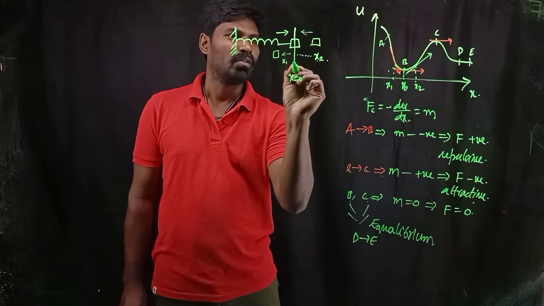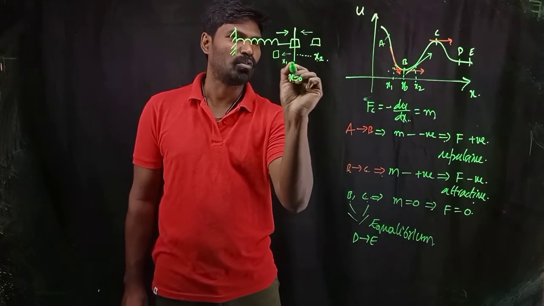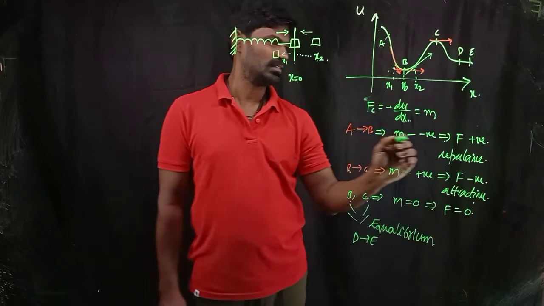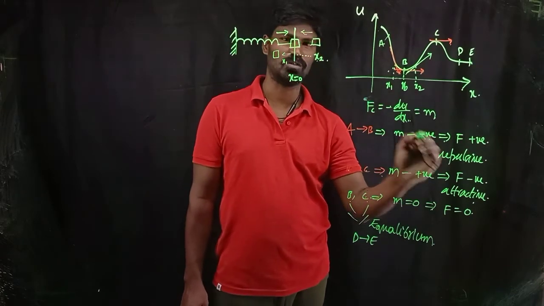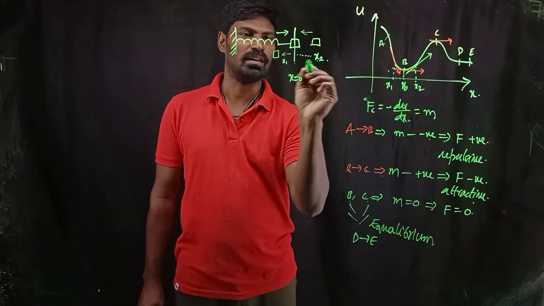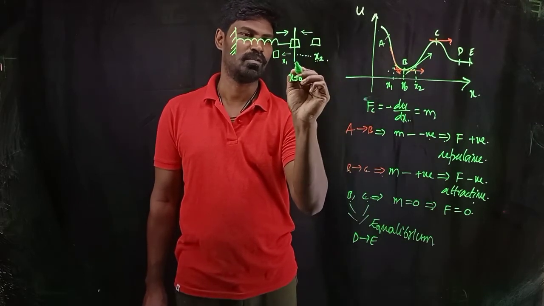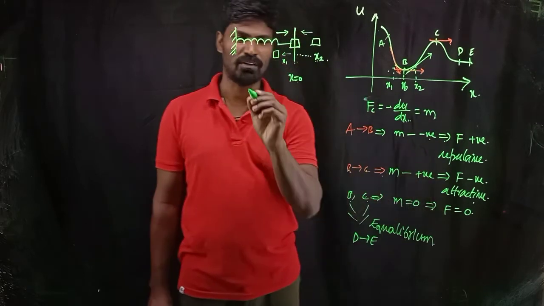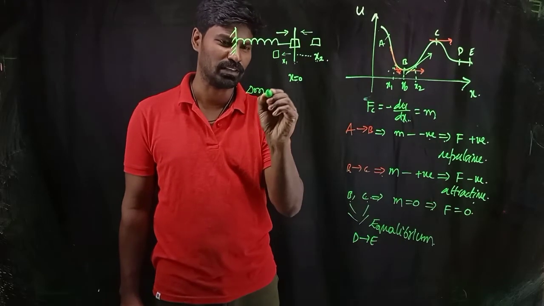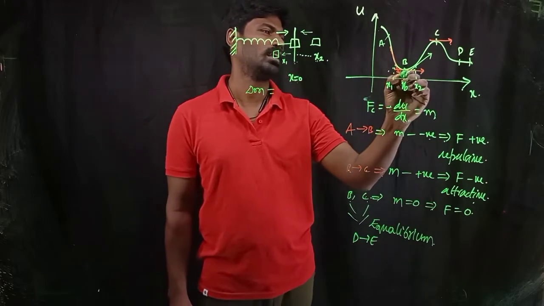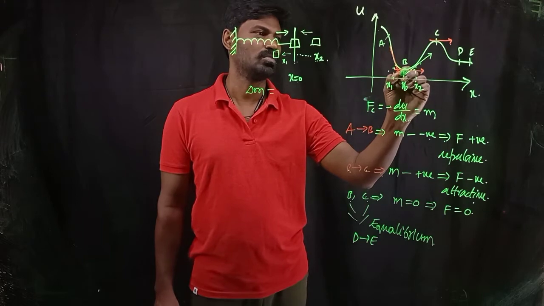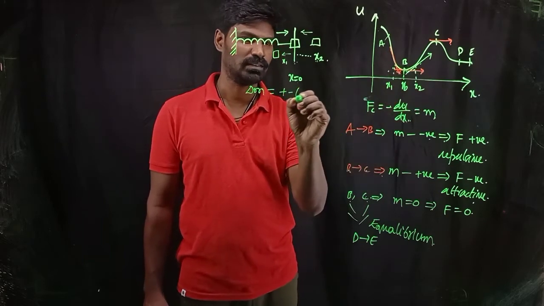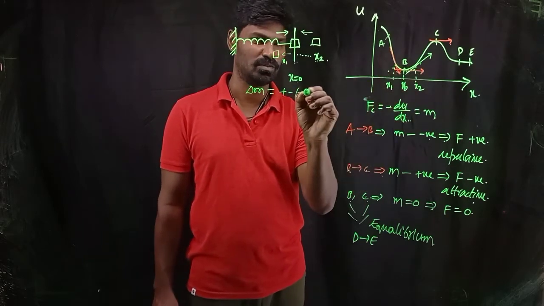So from left to right, the slope is negative, and from right to left, in this interval, the slope is positive. Therefore, the change in the slope, delta m, is the final slope minus the initial slope. Here the slope is positive, minus, here the slope is negative.